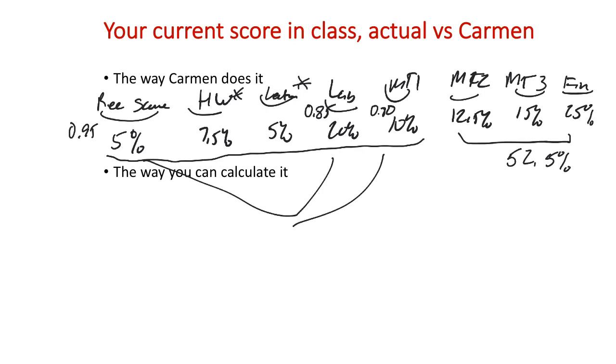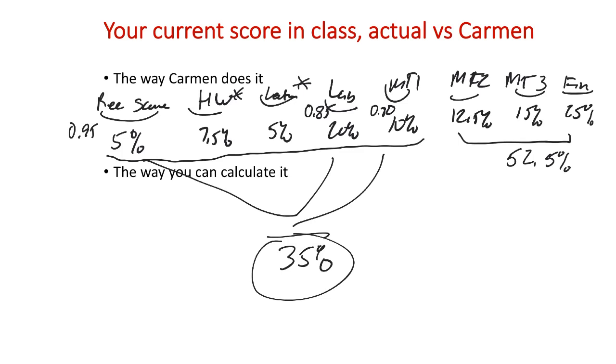Then it's adding all those up and dividing by 5 plus 20 plus 10, so it's dividing by 35. So it's just taking your earned points and dividing by 35%, and then calculating your total earned points of that 35% of the class.